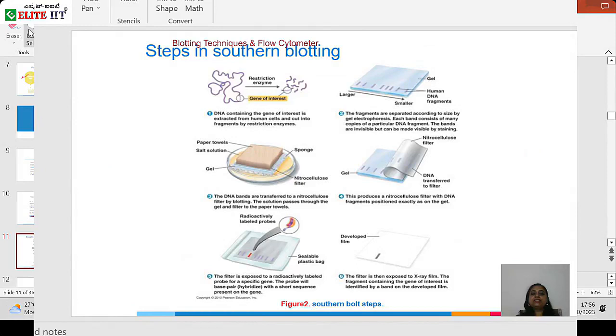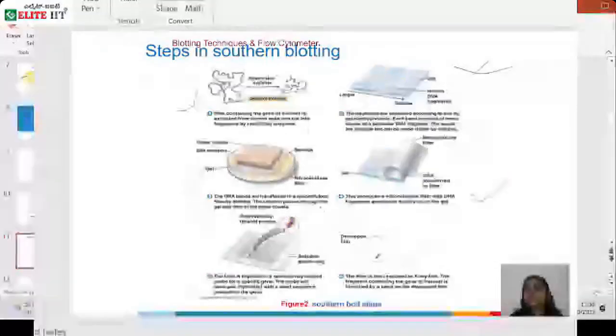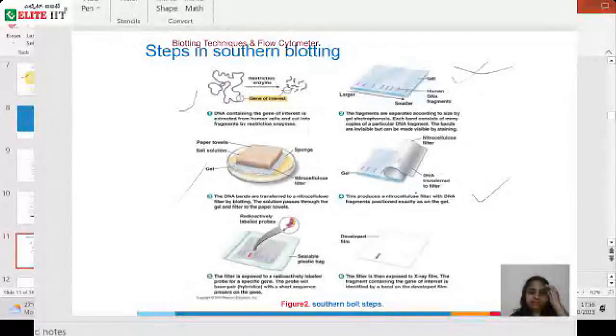These are the steps involved during southern blotting. First step is DNA isolation and degradation, and after that you have to do agarose gel electrophoresis, and the third step is that the DNA bands are transferred to nitrocellulose membrane. Fourth step is you have to denature the DNA on the transferred filter paper. Why? Because you have to do the hybridization. In order to do hybridization, you need single strand, not double strand.